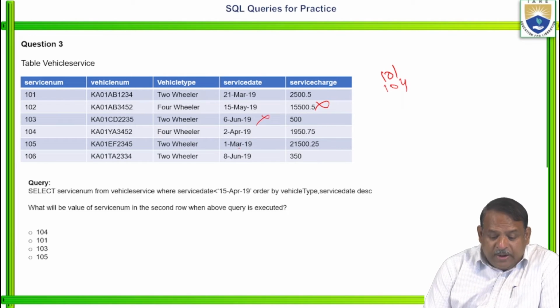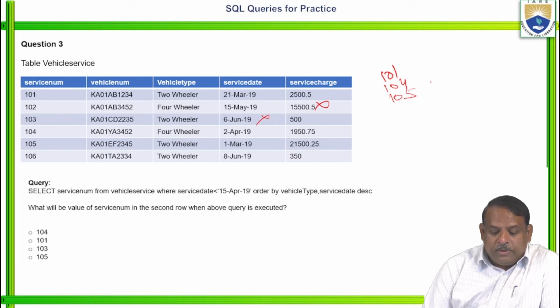And we are also going to get 1st March, which is 105. 8th June is not there.